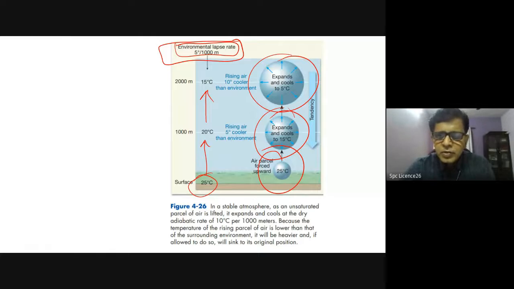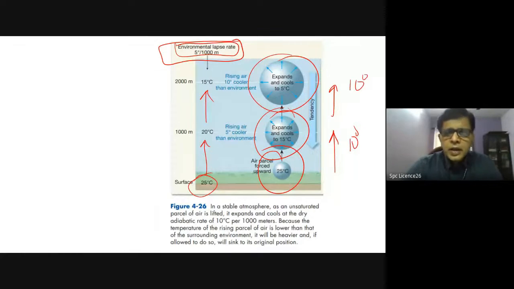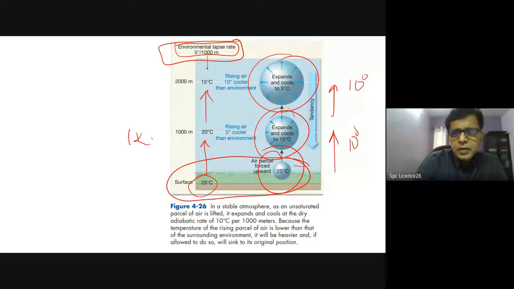But as far as an unsaturated packet of air is concerned, when it rises, it decreases by 10 degrees, and again by 10 degrees. While both started at the same temperature, at 1 kilometer this is cooler by 5 degrees. At 2 kilometers, this is cooler by 10 degrees.